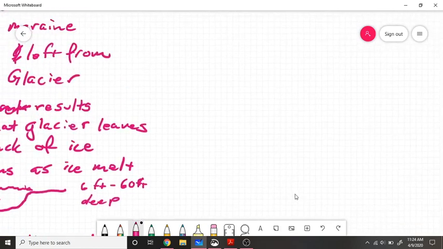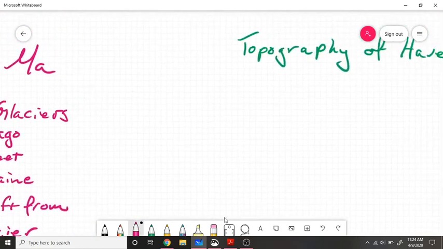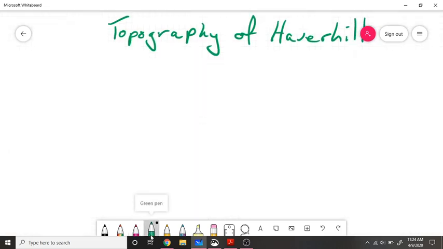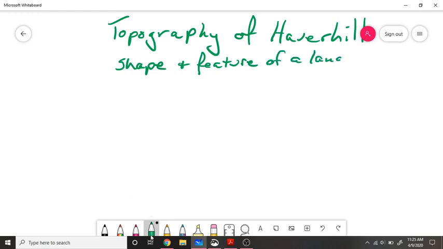Those are some glacial features in Massachusetts. And right now I want to talk to you about topography in Haverhill. Topography is a new word. Basically, it's a way to show the shape and the features of a landscape. And I'm going to show you a topographical map of Haverhill.